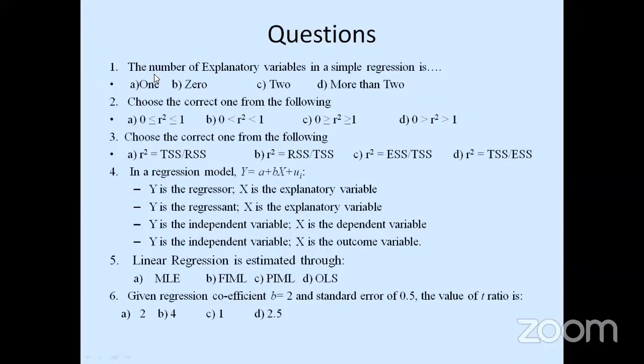The same question can be asked in a different form. They will give one equation, if it is a multiple linear equation, y is equal to a plus x1 plus x2, x3, x4 plus error. At that point they will ask how many explanatory variables exist. You have to count the x variables. Is this clear?